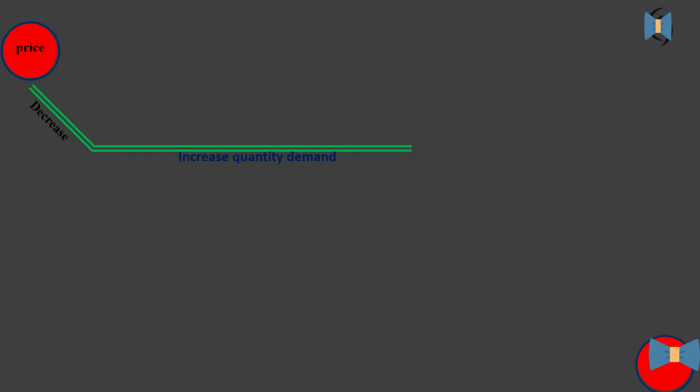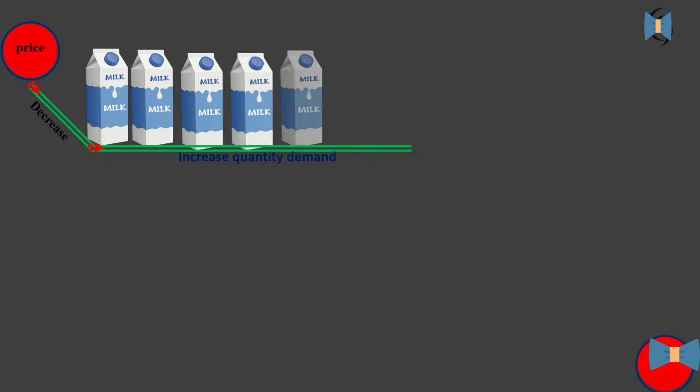Here we are going to learn the price elasticity of demand. We know the law of demand, the relationship between price and quantity demanded. When the price is low, the quantity demanded will increase. If the price is high, the quantity demanded will decrease.